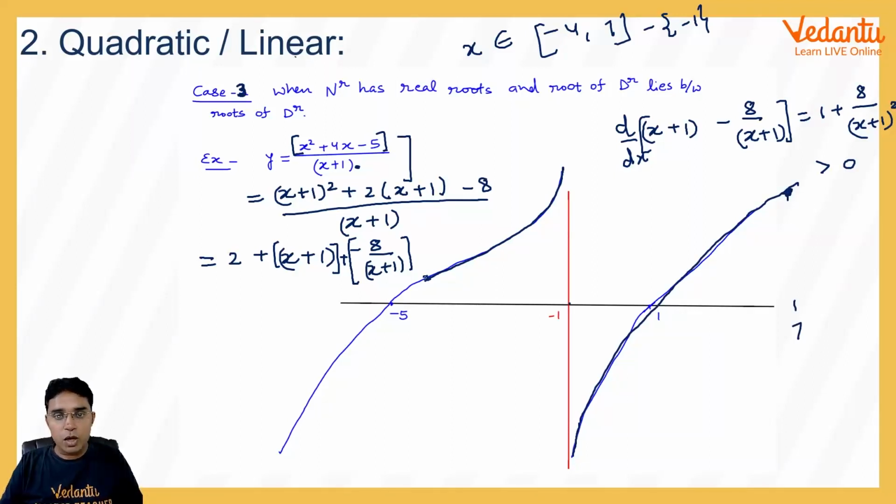So you just have to count the value at minus 4 and at 7 and write them as two sets, the union of two sets, and you will get the range. Okay, so that is what I said in the beginning, that whenever you get a value of x which is not the entire range of real numbers, then that method of making a quadratic and doing D greater than or equal to 0 will not be that useful.